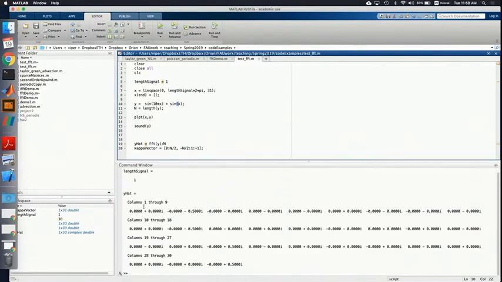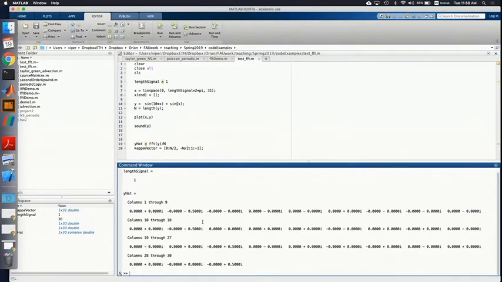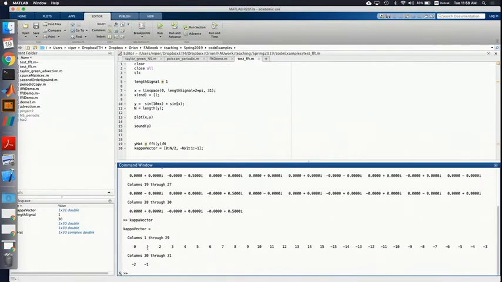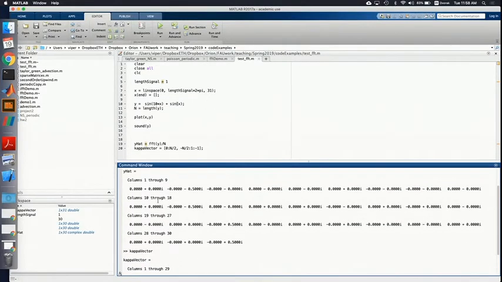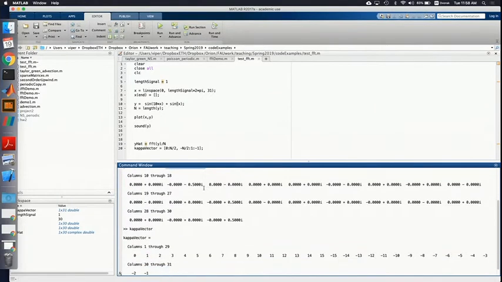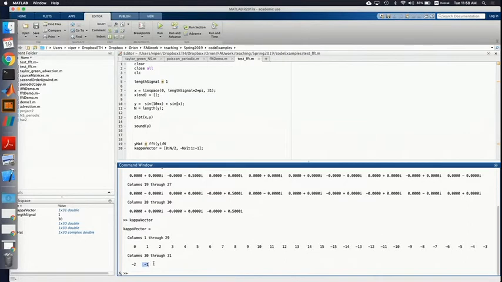Let's see. So where is my y hat? Okay, I don't know what the kappa vector looks like. So kappa vector 0, 1. Okay, so the second element should be non-zero. Yeah, it is non-zero. Okay, and the last element should be non-zero. Yeah, that's true. Then kappa number 10.